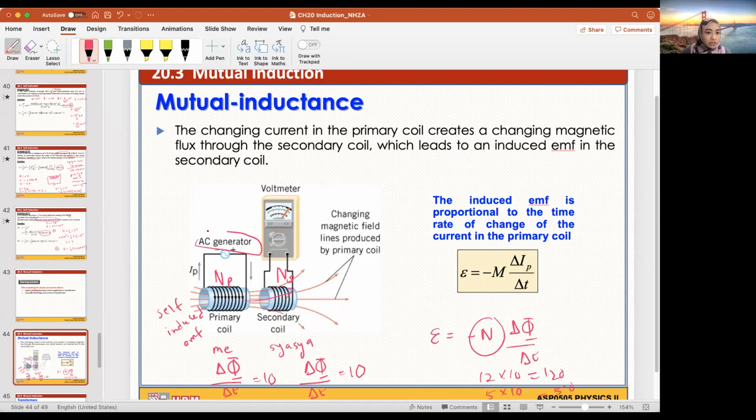The battery can increase or decrease the current, and because of the increasing and decreasing current, there will be self-inductance.